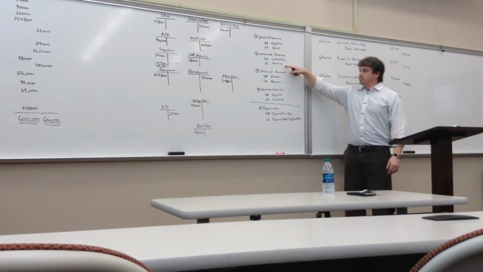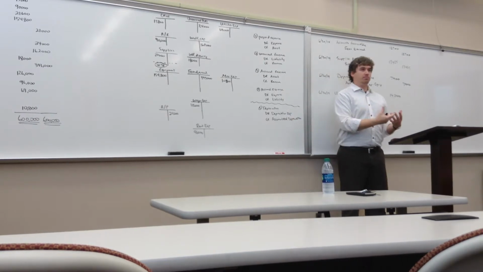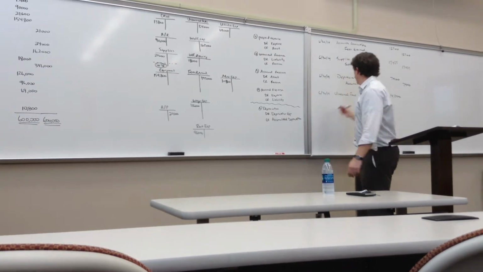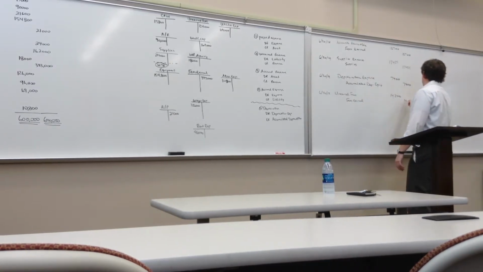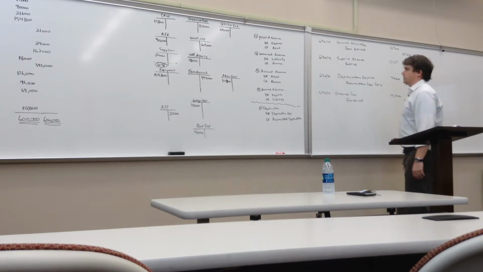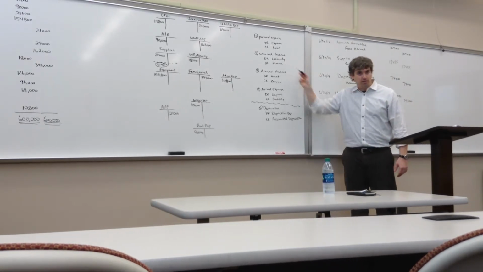And what did it become? It went from unearned revenue to earned revenue. So I got to credit fees earned, $14,200. So here we are. We debit a liability, we credit revenue.